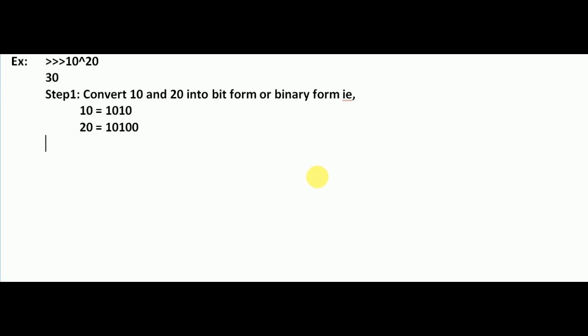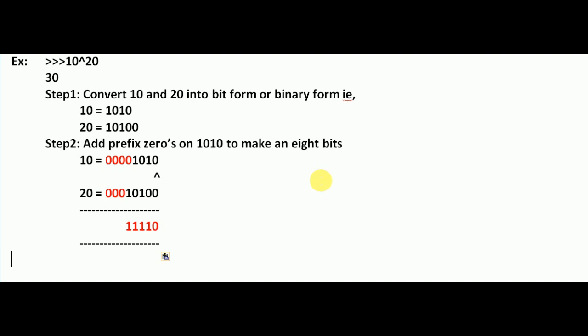Now step 2. Step 2 is to add prefix zeros on the given number to make it 8 bits. Like if we got the value of 10, that is 1010 in binary, to make these 4 digits complete 8 bits, we will add 4 zeros as a prefix before this number.